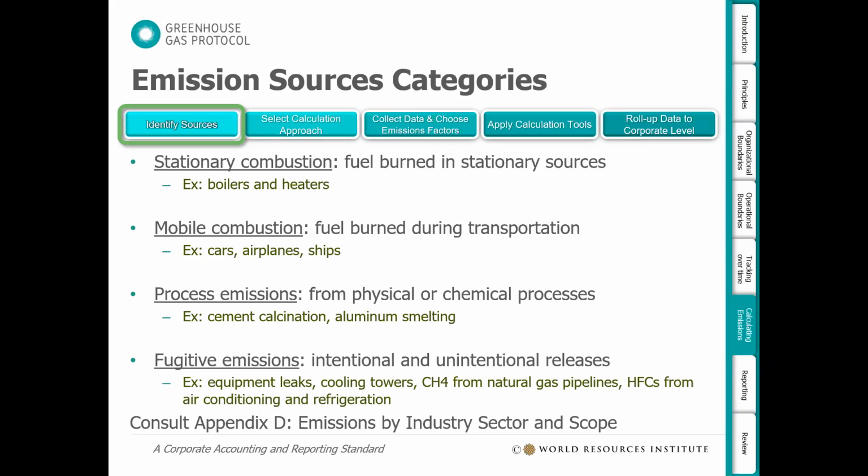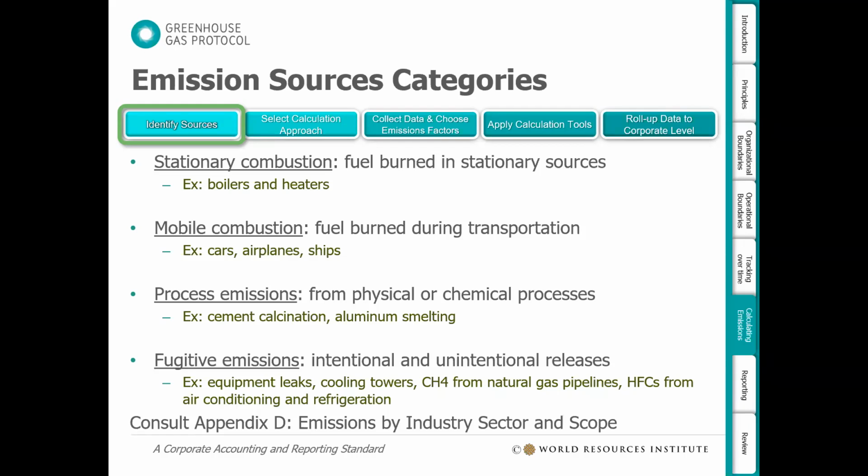So if you represent a specific industrial sector, you might find Appendix D in the corporate standard useful, and that appendix summarizes the types of emission sources associated with major industrial sectors, and would provide some information then on the industry-specific process sources associated with those sectors.